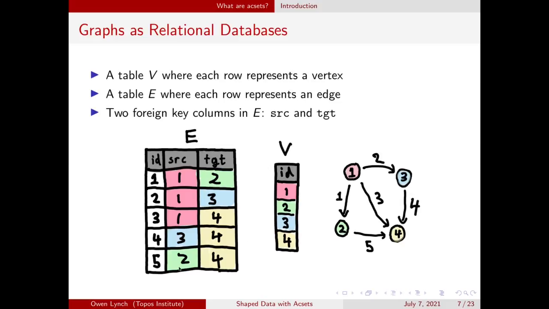One is a table of edges, and one is a table of vertices. And in the table of edges, you have two columns, which give the source and target of each edge. Each edge is a row in the database.